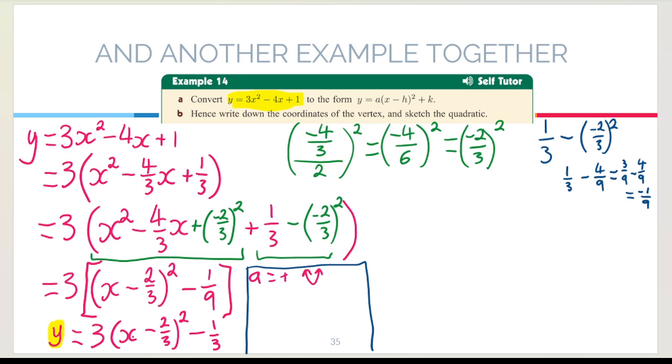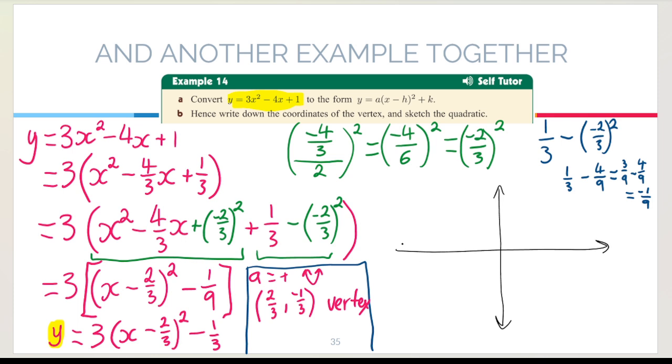We have x take h, so that means h is equal to +2 on 3. And we have take 1/3, which means we have -1 on 3 as our vertex. We know that the axis of symmetry is just our x coordinate of that vertex because it's already telling us our maximum or minimum. So from here, we're going to draw it.